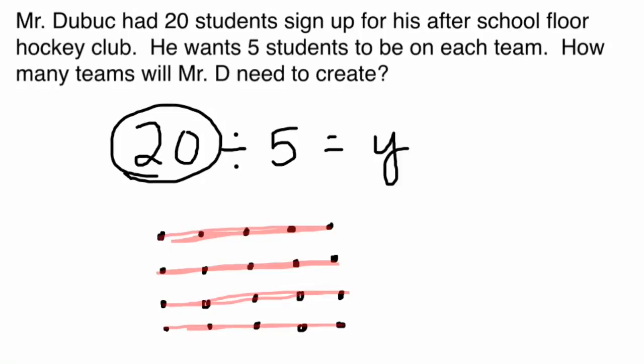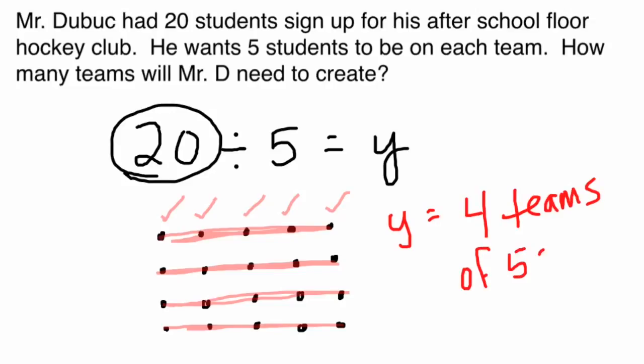And I know I'm going to need 4 teams because there are 5 students on every single team. So I know that my answer y would equal 4. Erase that so you can see it. I know that that would equal 4 teams of 5 students.